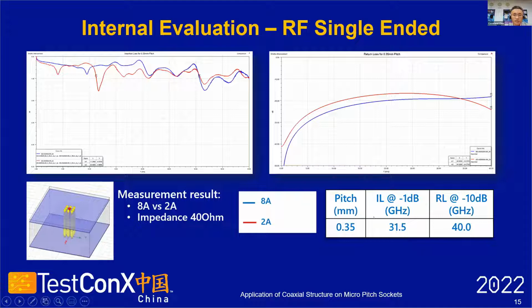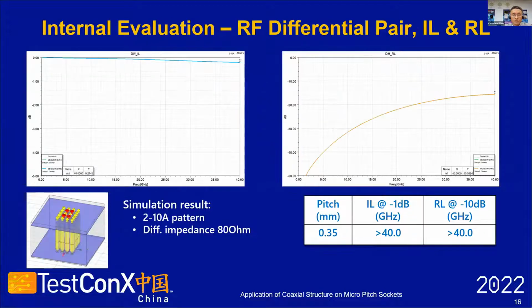This table shows the 8A pattern data result for the differential pair, insertion loss and return loss. Here we are just showing the simulation result for the 2A pattern.